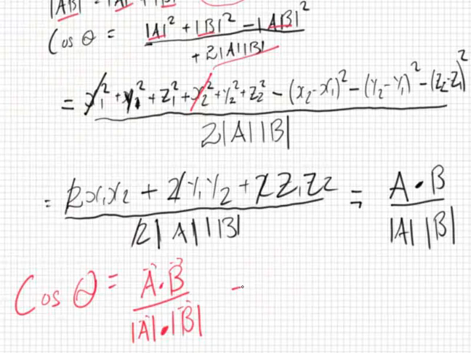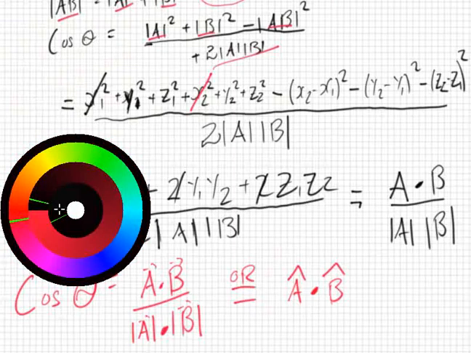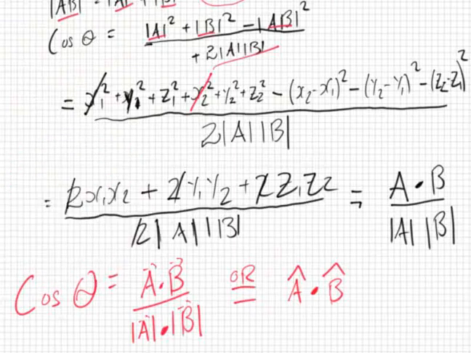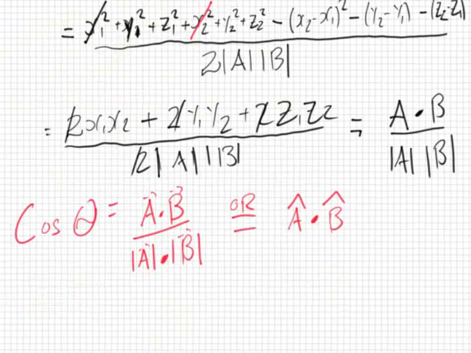Or another way to write it, a much shorter way if you wanted to, is A hat dot B hat. So this is the main result.